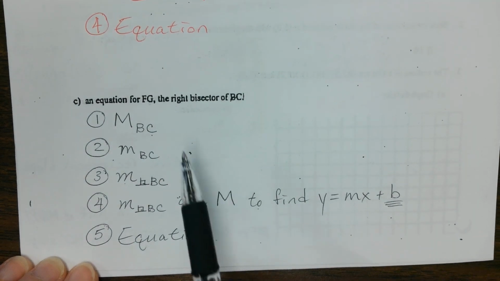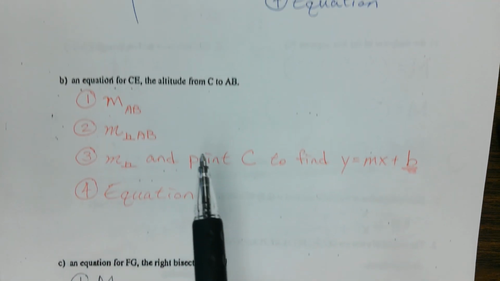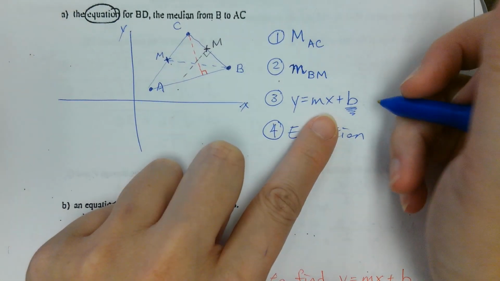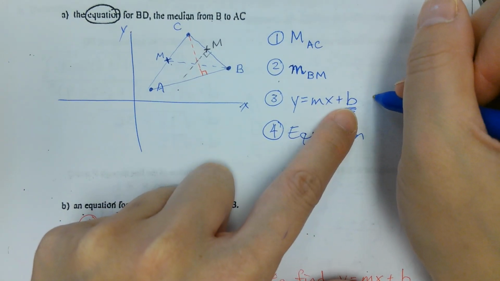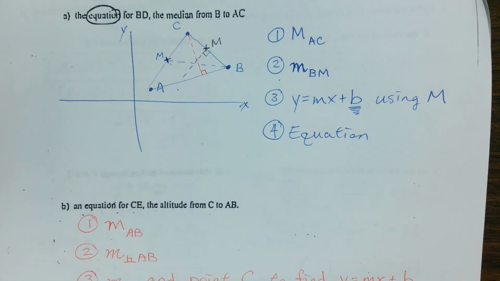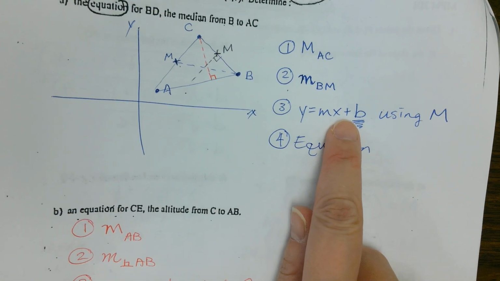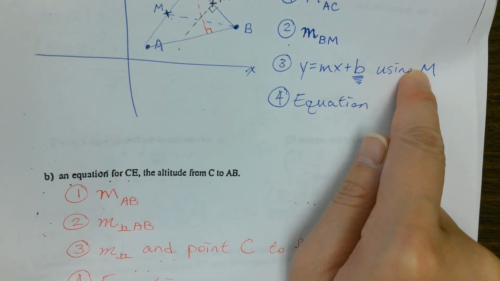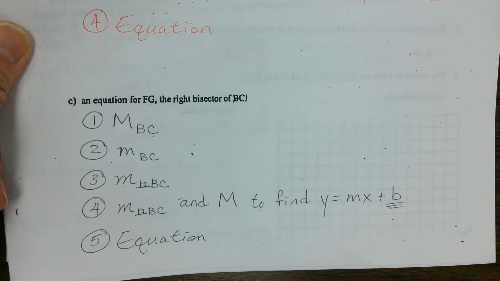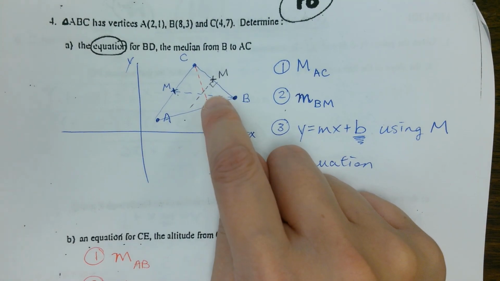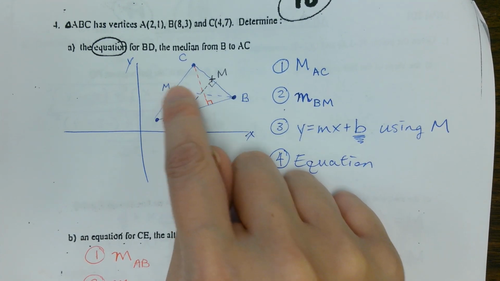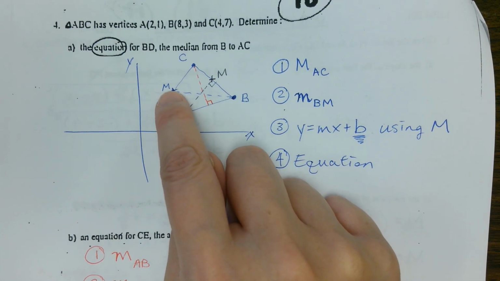I think for all of these, the trickiest part is knowing which point to use and putting it into y equals mx plus b. So that's why a diagram is really good. For example, for your median, the point that's on the median is either B or M, so I could use either.